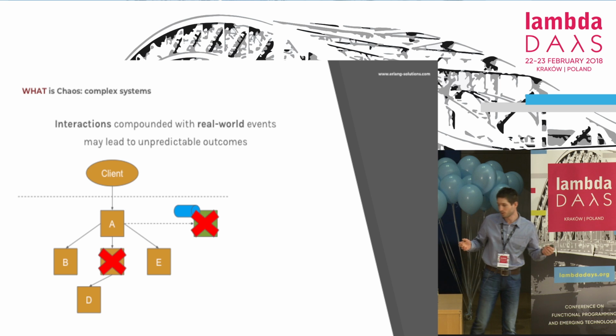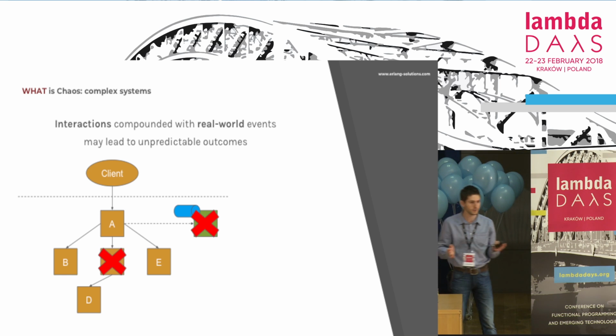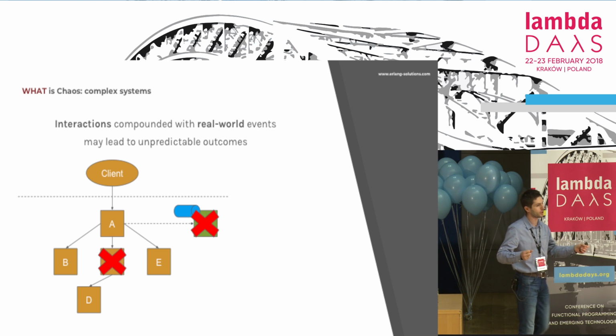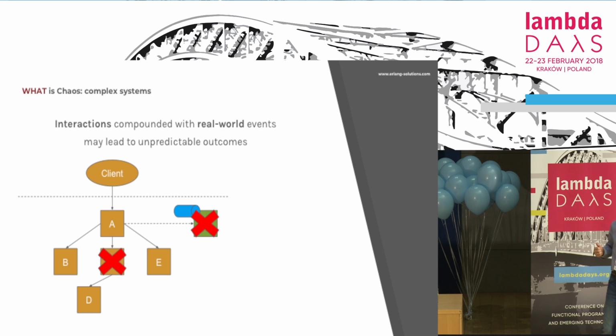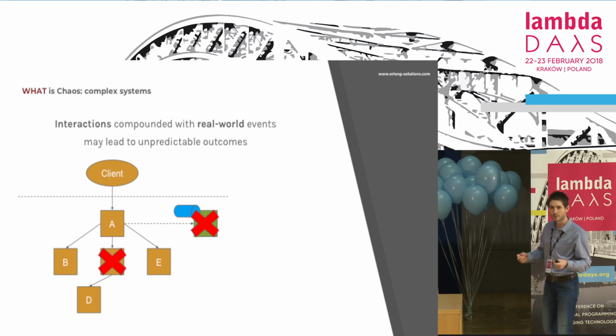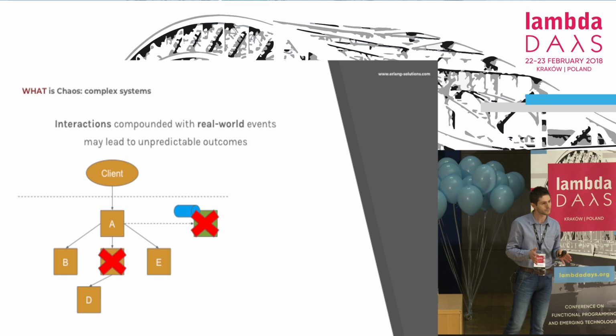It builds up a queue and eventually fails. And chaos engineering is about experimenting on a system to provoke scenarios like this one, so that you can learn the system behavior in turbulent conditions, ideally in production.